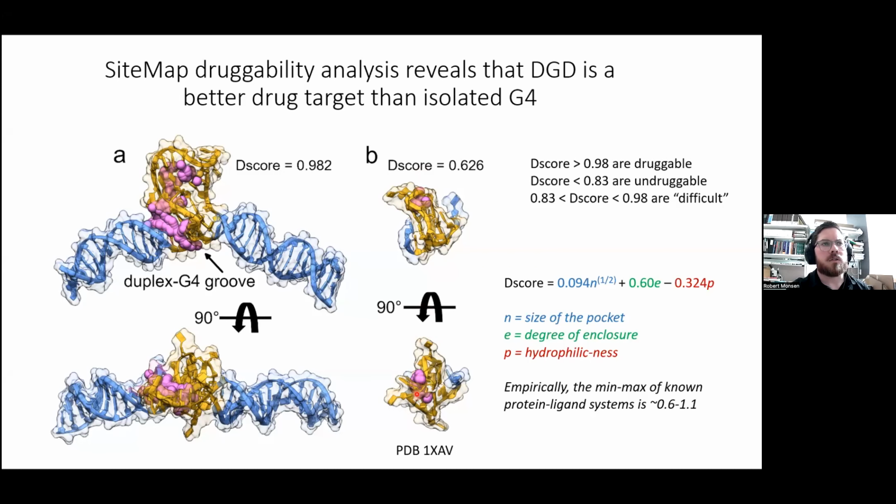There's just not enough pocket to make a really good, strong, and specific interaction for a small molecule. Going forward, our next step is to target something like this, because it has both 2D and 3D information that will make it a much more specific target in drug discovery.